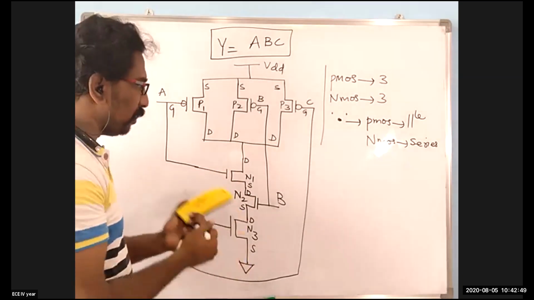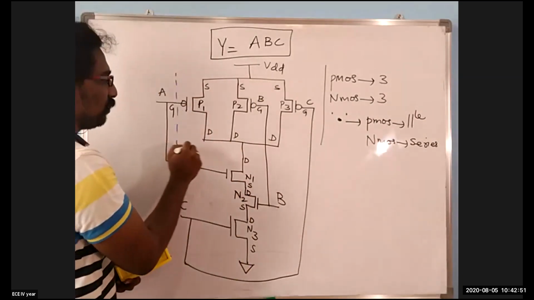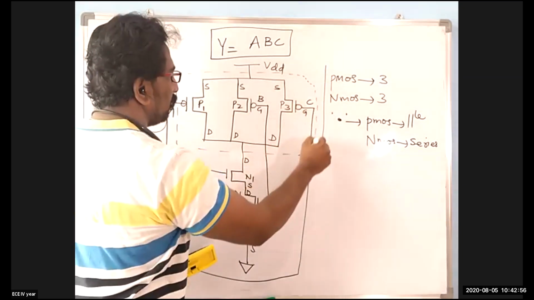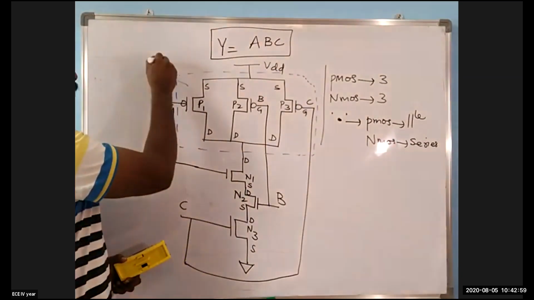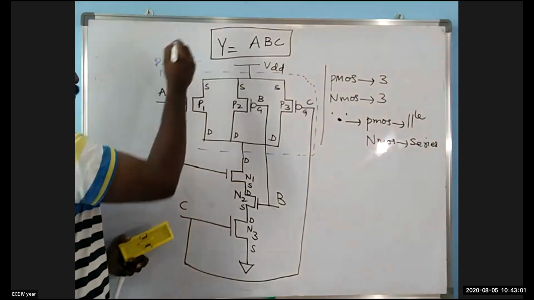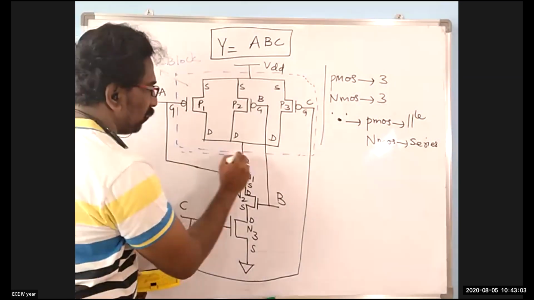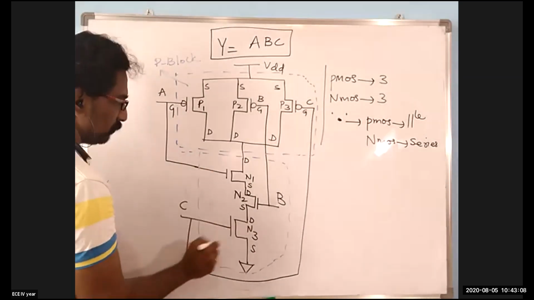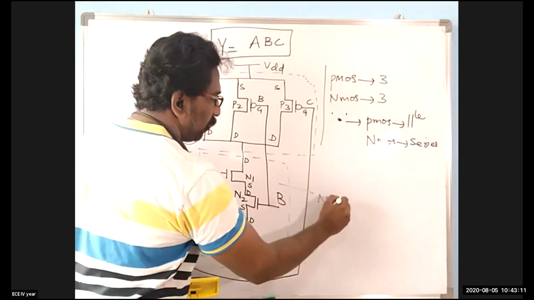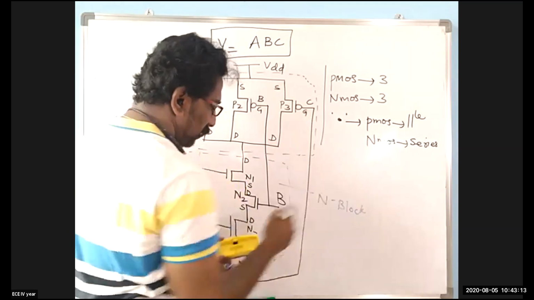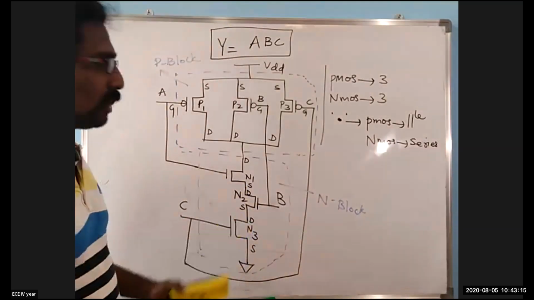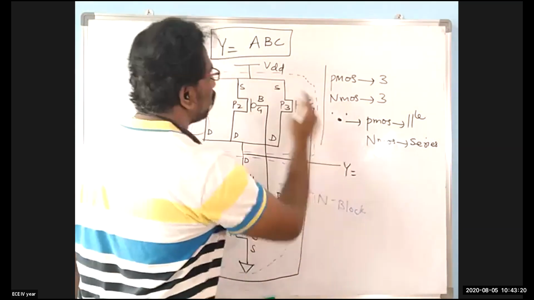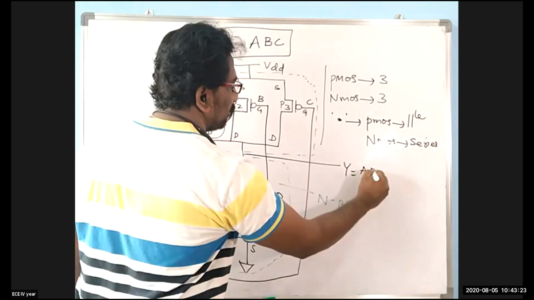So this is the place where I'll be obtaining my output Y equal to ABC.